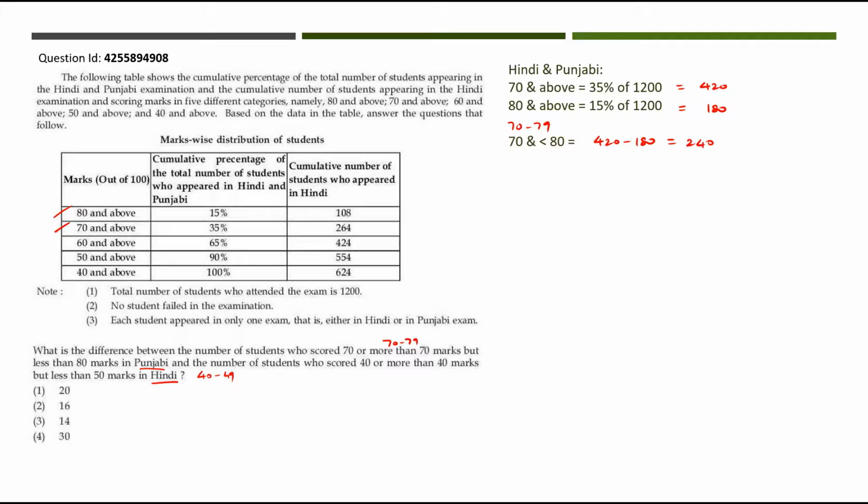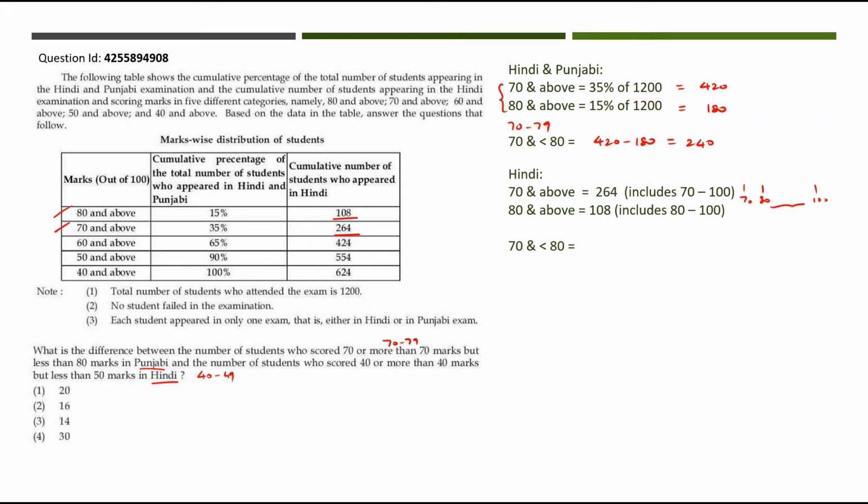From this we have to find Punjabi. So for this particular data we need Hindi values. 70 and above Hindi count is 264, 80 and above Hindi count is 108. This is 80 and this is 100, and here it is 70 to 100. This range is actually 108 and this range is actually 264. To find what is between these two ranges, you have to subtract 264 and 108.